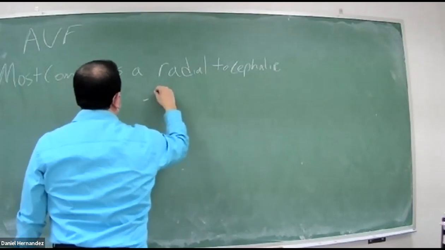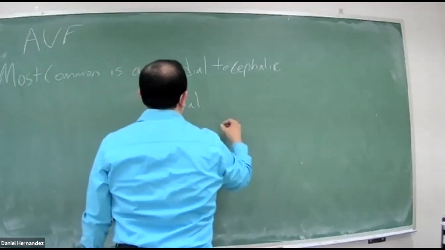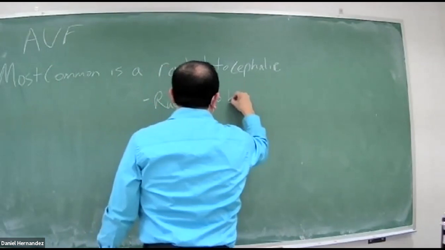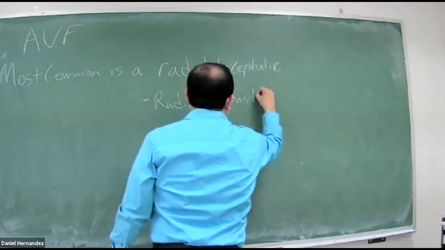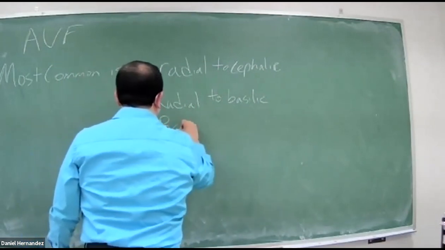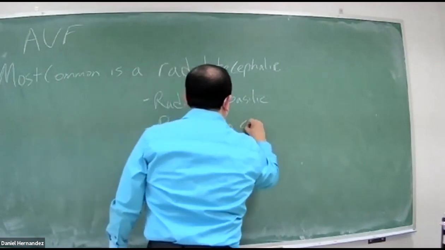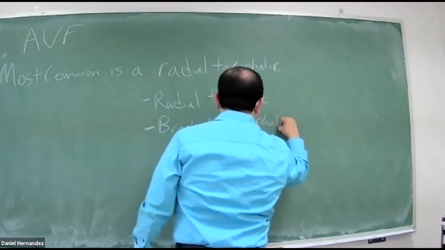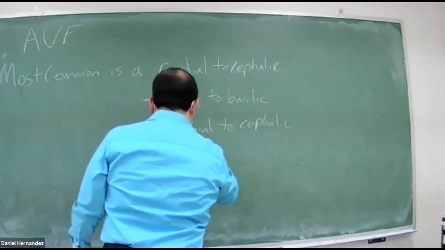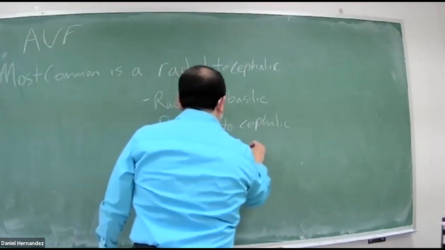You can also have radial to basilic, brachial to cephalic, brachial to basilic.